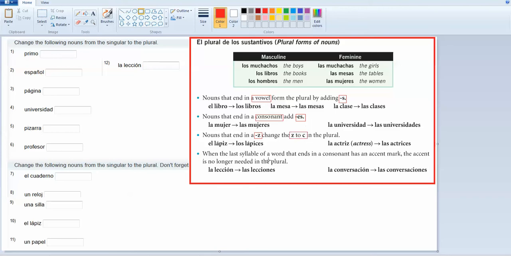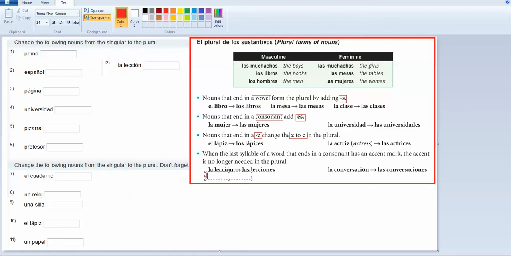Okay, and when the last syllable of the word that ends in a consonant has an accent mark, like this is the last syllable, because, for example, this word would be lec-ci-ón.